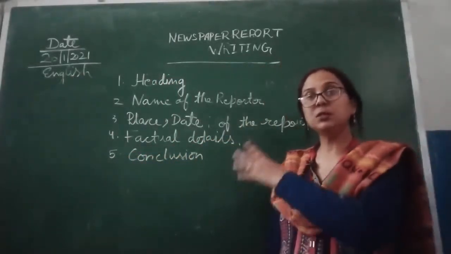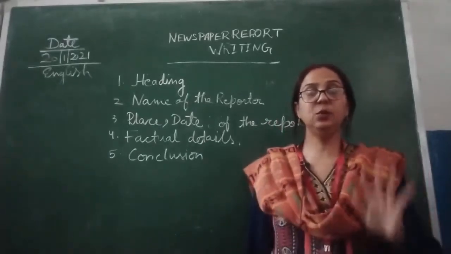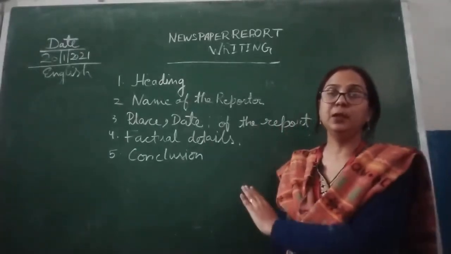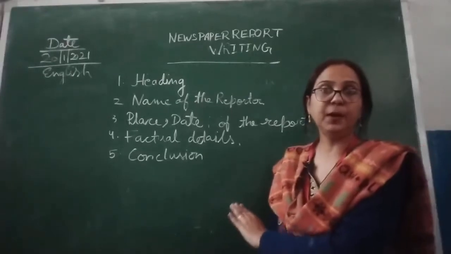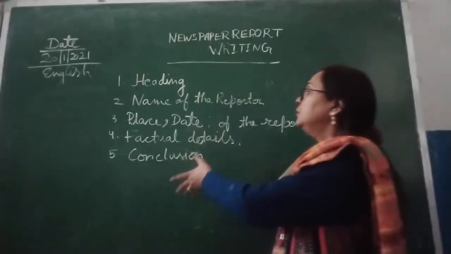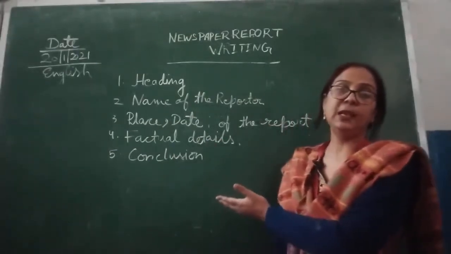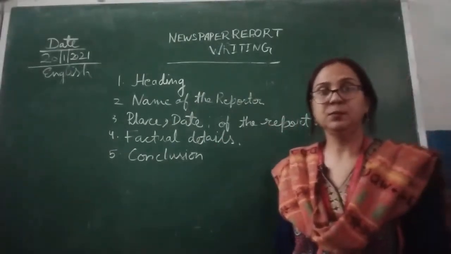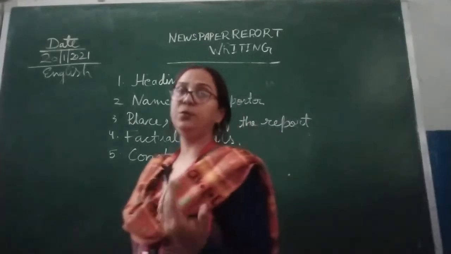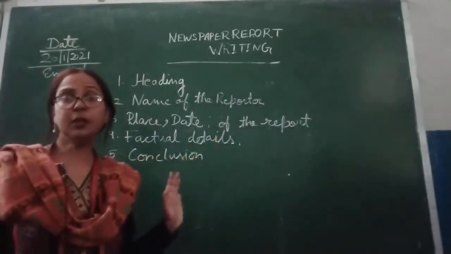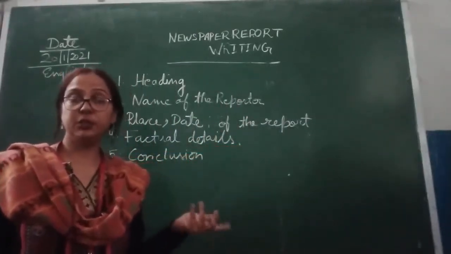So here you are not judging anything, you are just informing the people who are reading your newspaper report about when this incident took place and where. You will not be able to write everything because you are not a judge or police.